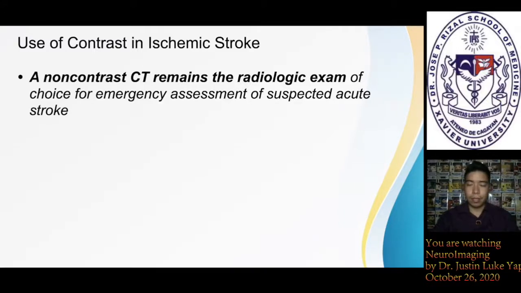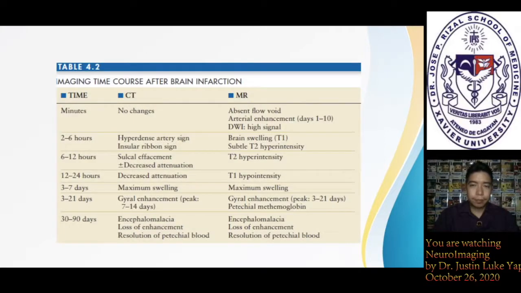Again, this is something that you should always remember: a non-contrast CT scan is still the mainstay in assessing emergency cases of acute stroke. This table compares the CT and MR findings based on the timeline. If you can recall, in neuroimaging and in neurology practice, the timing is very important.